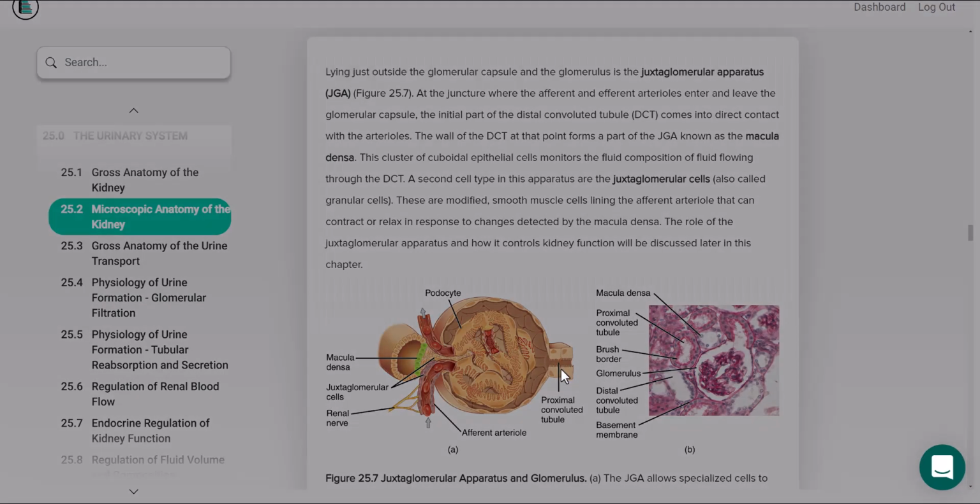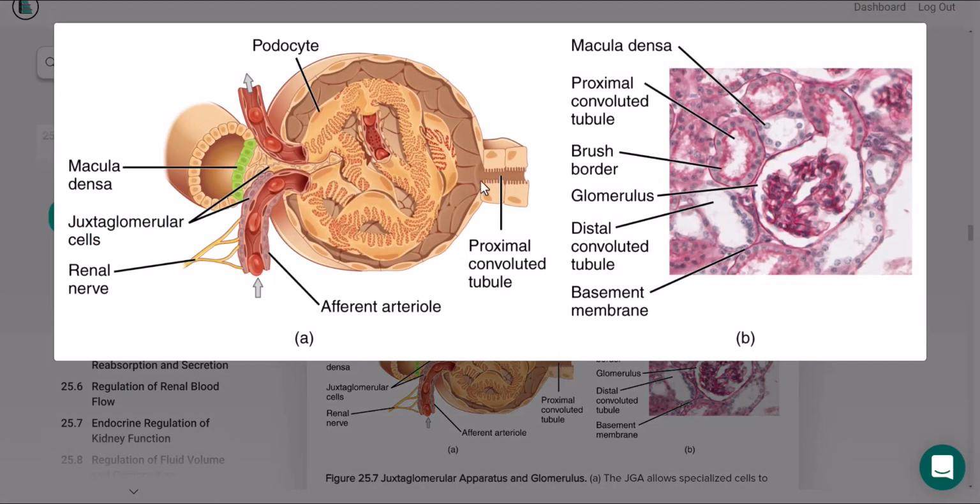And even in this rendition, you can see that there are microvilli. Remember, microvilli were also present in the digestive system, and their purpose was to increase the surface area for absorption in the digestive system. We also see microvilli here to increase the surface area for the filtration process, not the filtration, but the absorption process that is occurring here in the tubules of the kidney.